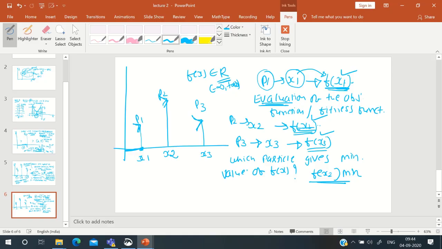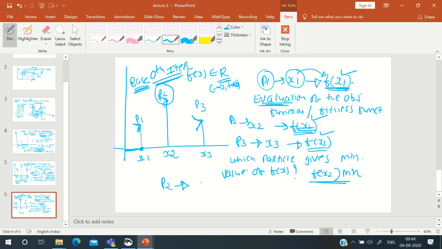So in this iteration, let us say this is the zeroth iteration. At present, we are creating the base values. In the first iteration, we will compare the values obtained with the values obtained in the zeroth iteration. Okay. So as f of x2 gives the minimum value, in the zeroth iteration particle P2 is the best particle.